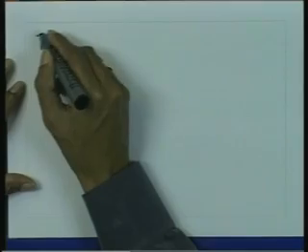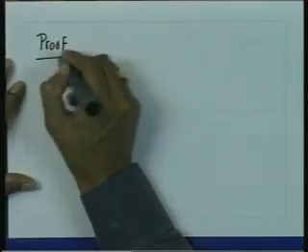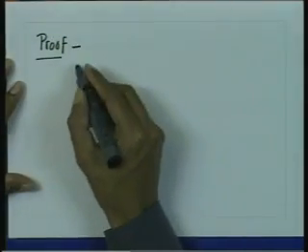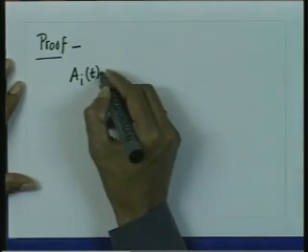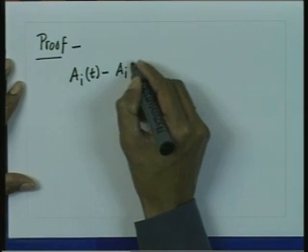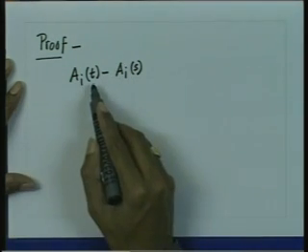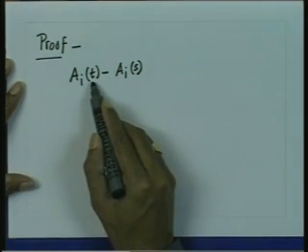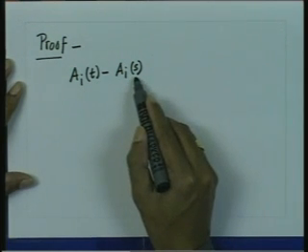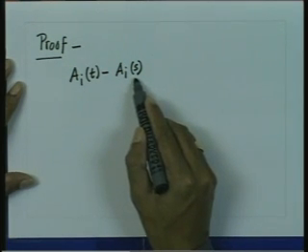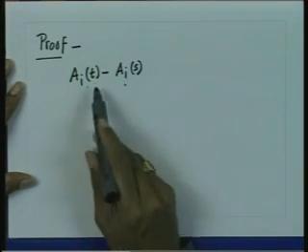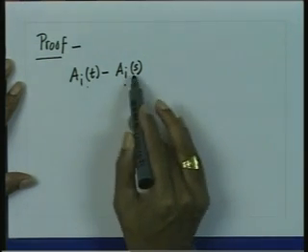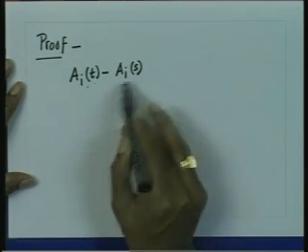The proof of this is: note that the traffic i is rho sigma regulated, therefore Ai(t) minus Ai(s). Now Ai(t) is the number of arrivals by the time t and Ai(s) is the number of arrivals by the time s. Therefore Ai(t) minus Ai(s) is the number of bits transmitted during the interval s to t.